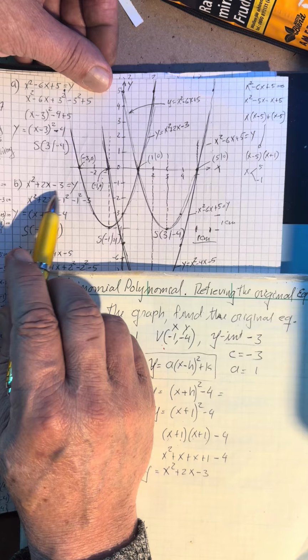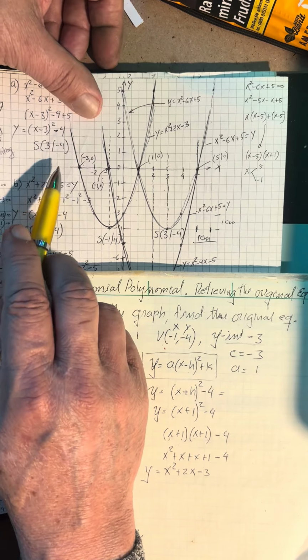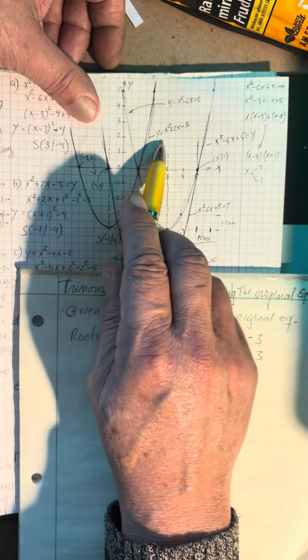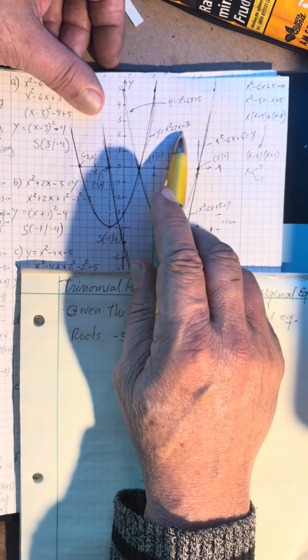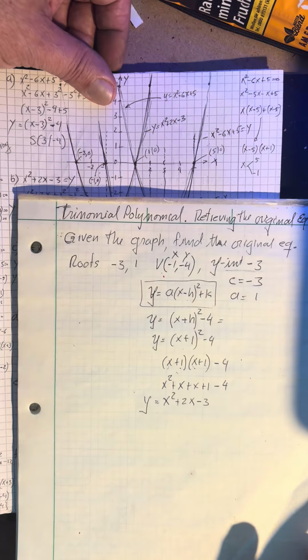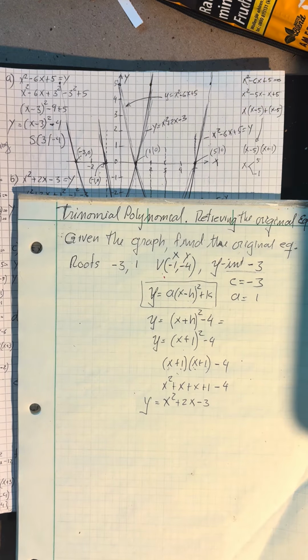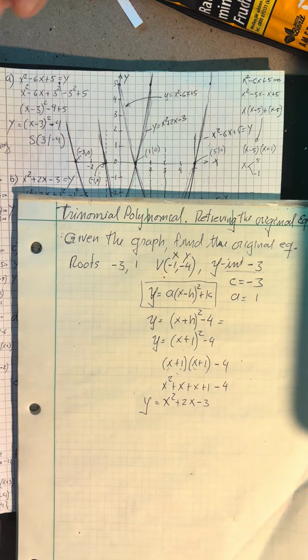It's right here, question B. And it's written right there. So that's how we go from the graph back to the equation.